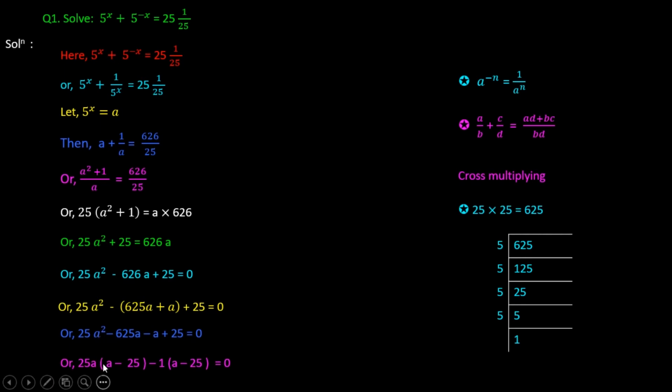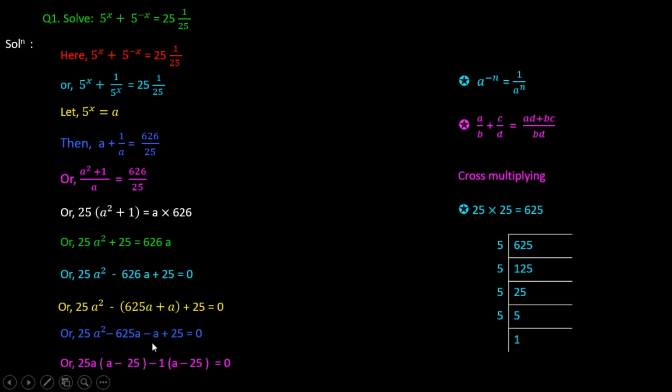So we write the remaining inside the bracket. 25 and a are taken out, so from a square, a remains, and minus sign is here, and out of 625, 25 and a are taken out, so only 25 remains.